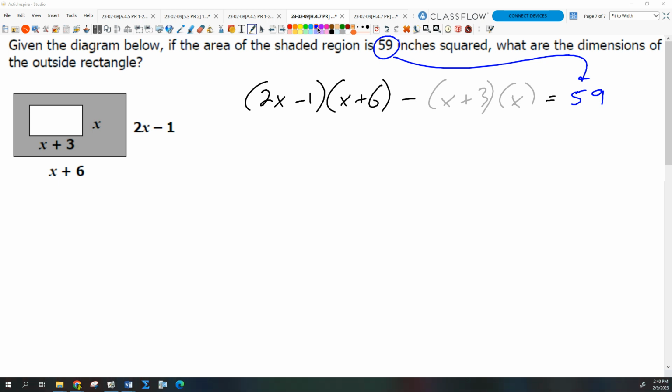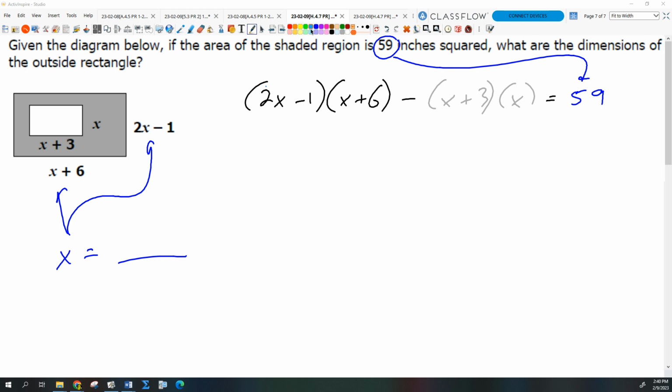I have an equation that I could use to solve for x. And once I knew the value of x, I could plug it in to those dimensions to find out what everybody agree? Okay.